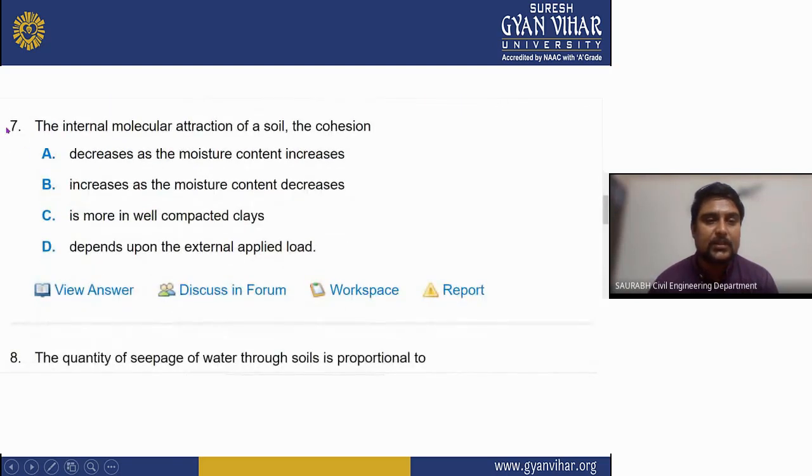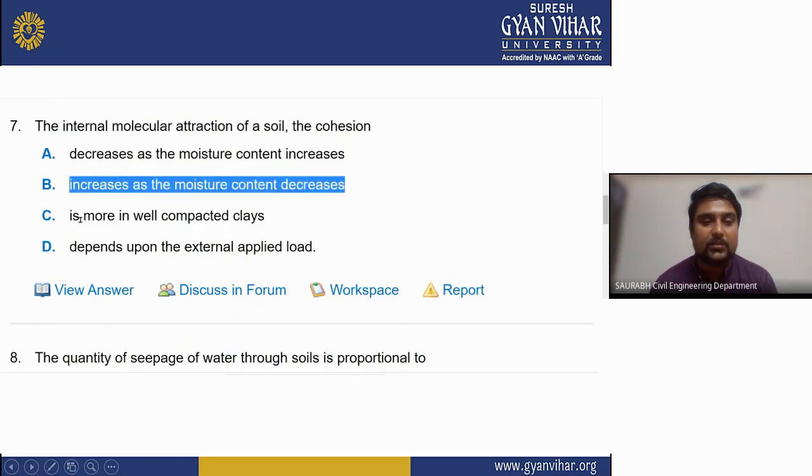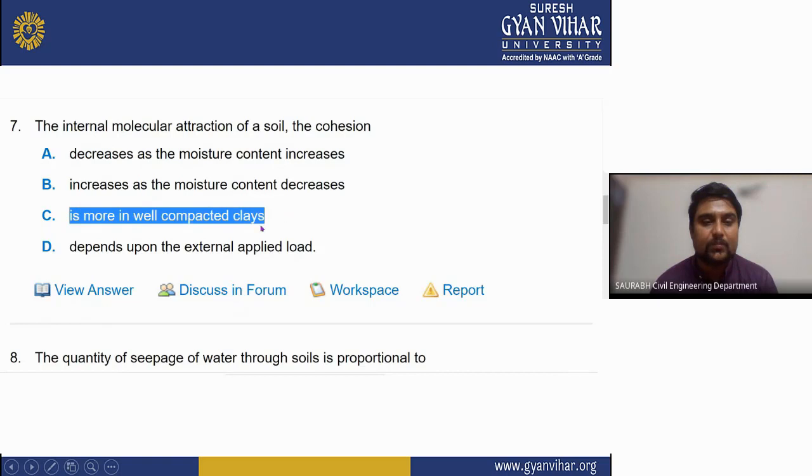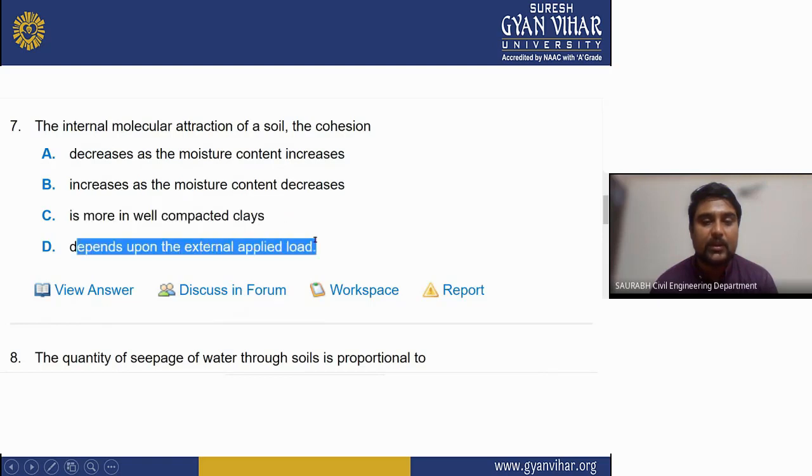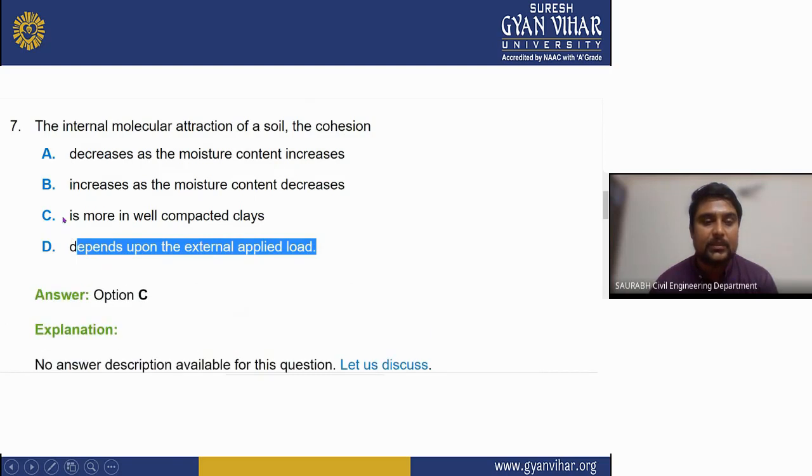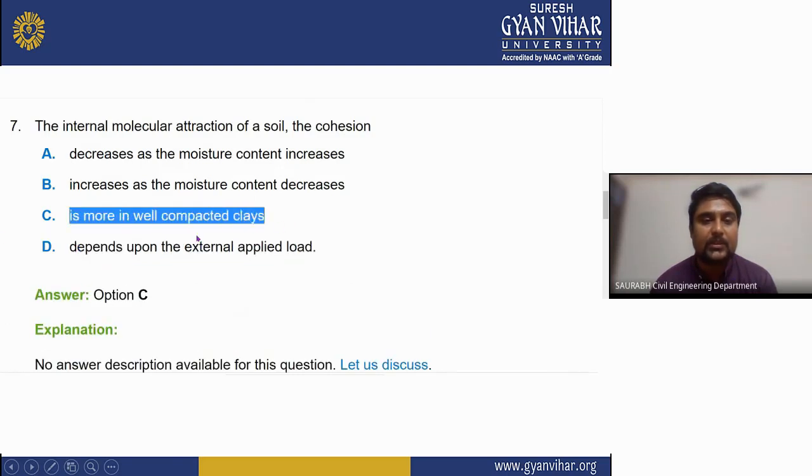Next question. The internal molecular attraction of soil, the cohesion: decreases with moisture content, increases with moisture content, decreases, no, is more in well compacted clay, depends upon the soil, depends on the external load. Here the right answer will be C, it is more in well compacted clay.